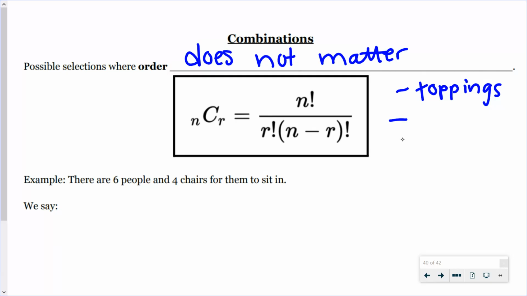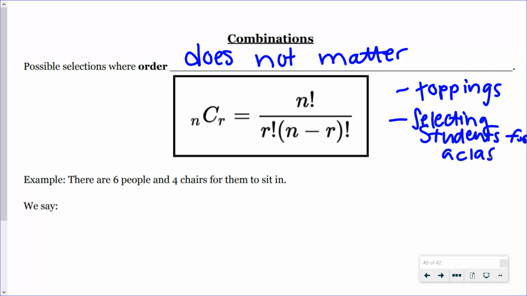They're all going in the same place. It could be something like selecting a team, selecting students for a class. There's no first place in a class. It's just you're in the class or you're not, okay?